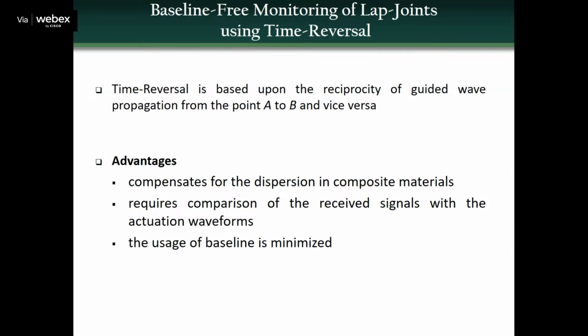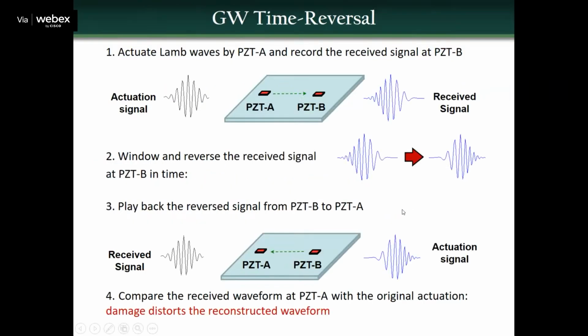The advantage of this technique is it compensates for the dispersion of composite materials when doing the time reversal and requires comparison of the received signal with the actuation waveforms, and the usage of baseline is minimized. You don't really need to have the baseline information when you have the time reversal in this form.